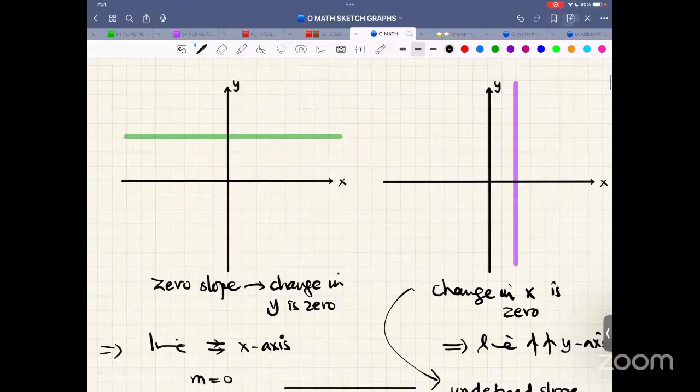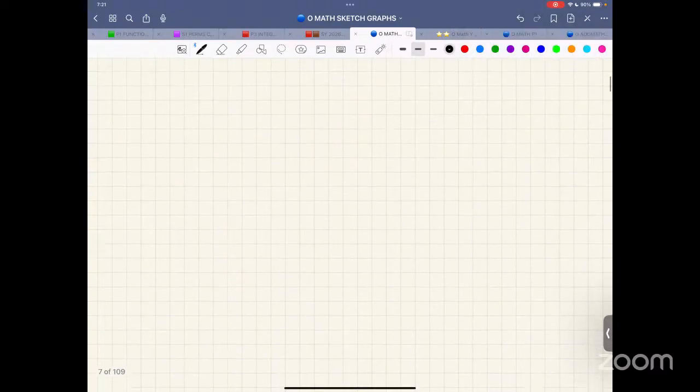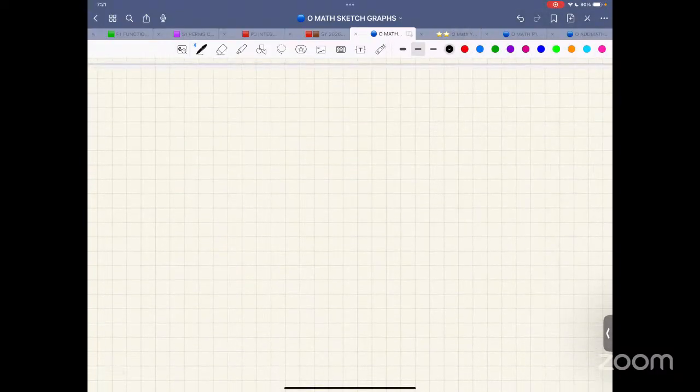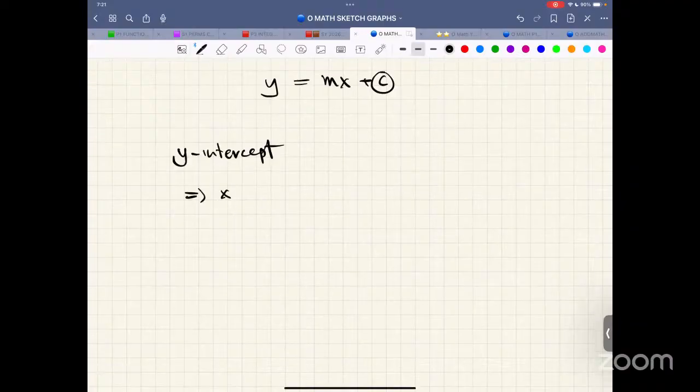Now, some people ask this question. We focus on y-intercept. Why don't we focus on x-intercept? Because it's not part of the equation. y = mx + c. This is the y-intercept. Whenever we talk about y-intercept, that means x is 0. It could be about a line cutting the y-axis or a curve cutting the y-axis.